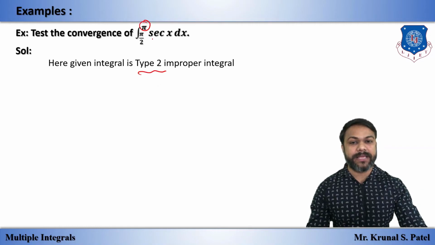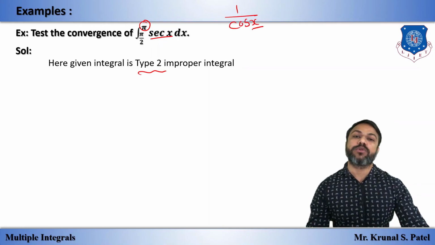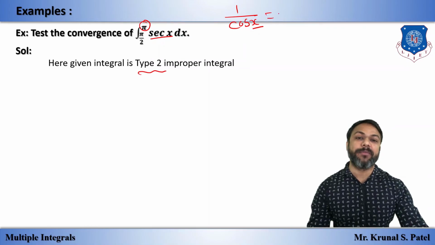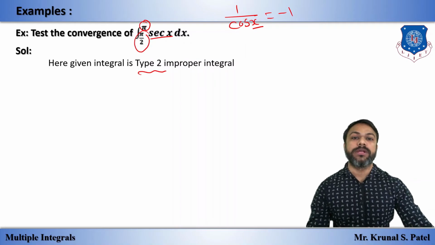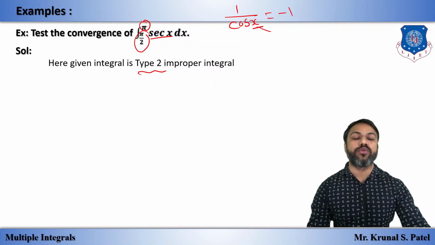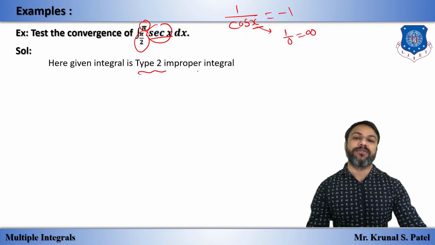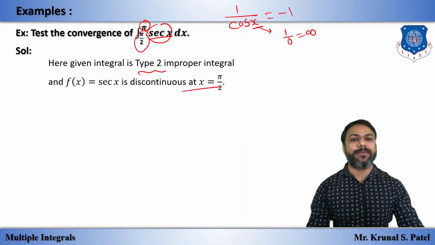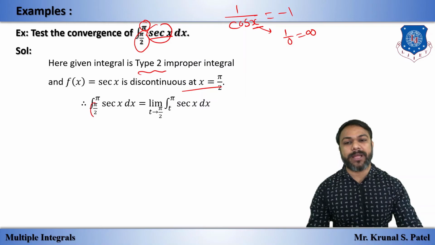If we put pi here, sec x, that means 1 upon cos x, and cos pi is minus 1, so it will be minus 1, not infinite. But if we put pi by 2, then we know that cos pi by 2 is 0 and 1 by 0 is infinite. So at pi by 2, this function is unbounded, that means discontinuous, or we can say infinite. So we will take the limit for pi by 2.